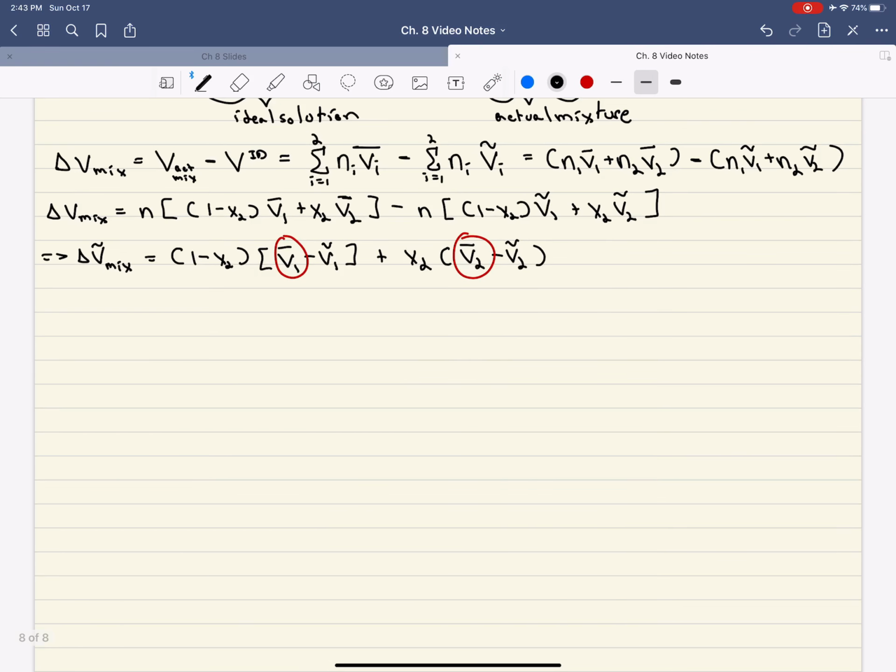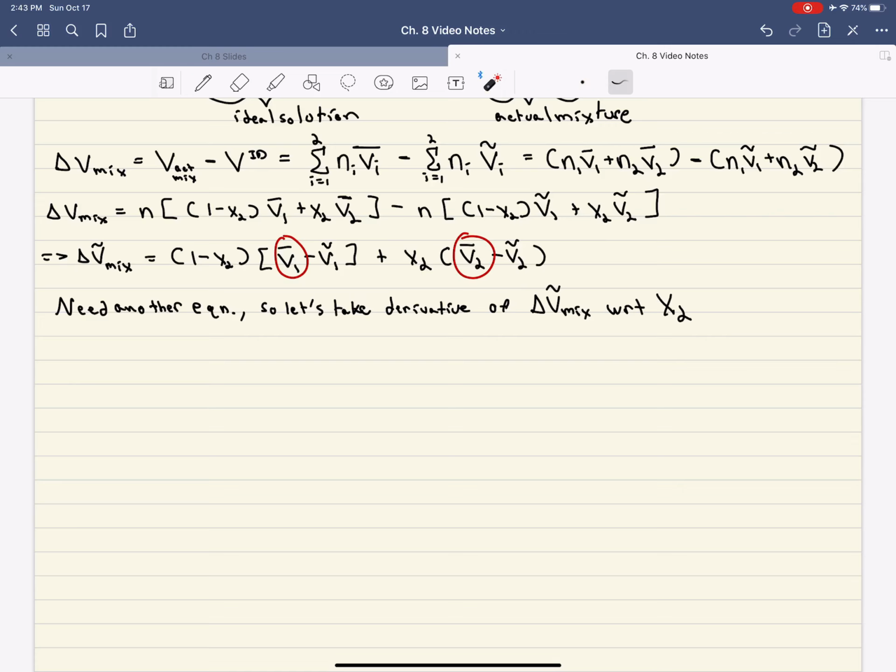And so to get that other equation, what we're going to do is take the derivative of delta V mix with respect to x2, because that's the independent variable that we have there now.